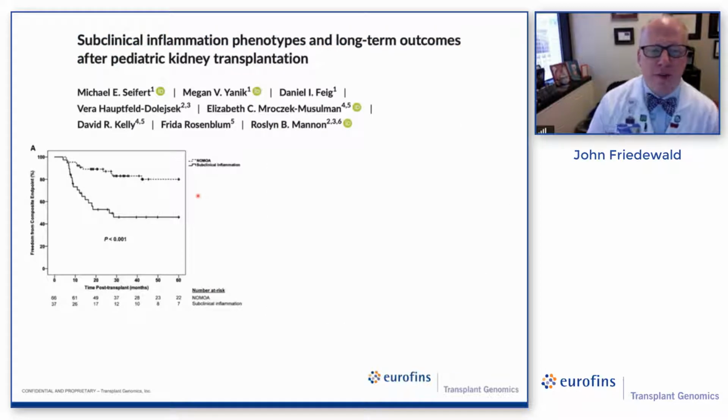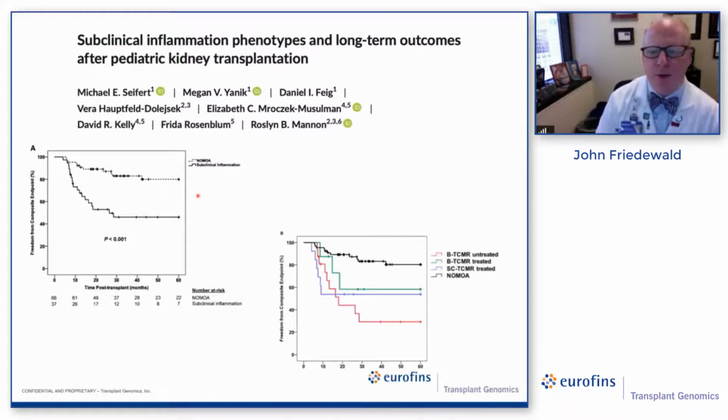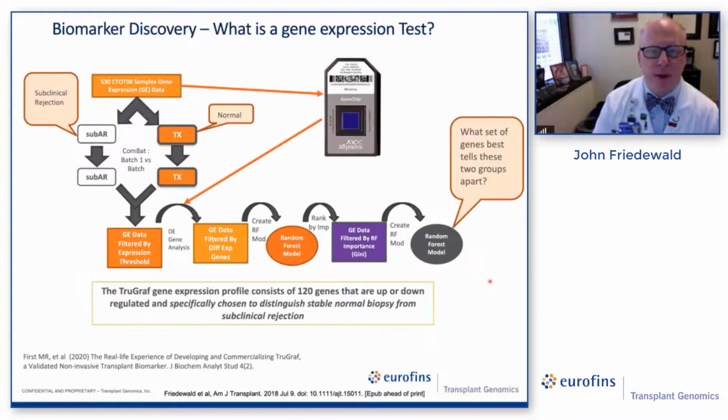And I mentioned the group from University of Alabama at Birmingham, who treated pediatric patients with T-cell mediated rejection, primarily subclinical. And again, the treated subclinical rejection did better than those untreated. And so there's evidence both now for cellular and antibody mediated rejection, subclinical, that treating improves outcomes.